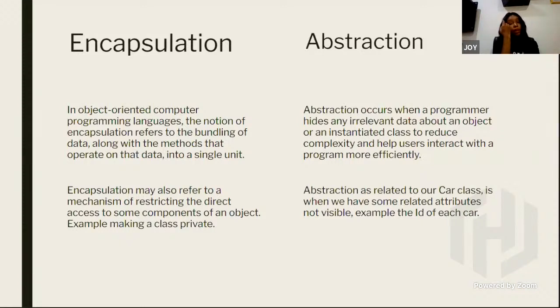So now let's talk about abstraction. I have my textbook definition, but if I'm going to give you a more understandable one, I would say abstraction is a way of reducing the complexity in which objects interact with each other. Let me use one example that is very understandable by everybody.